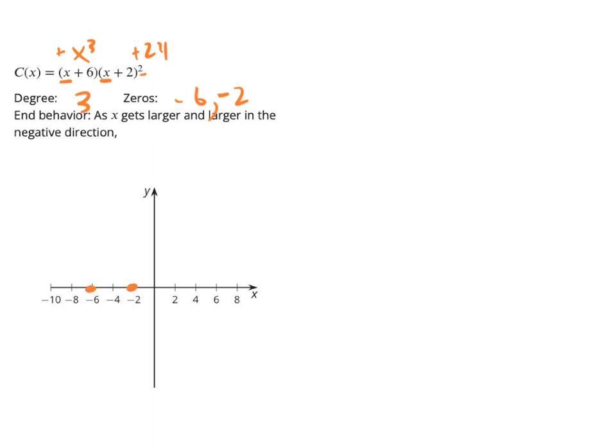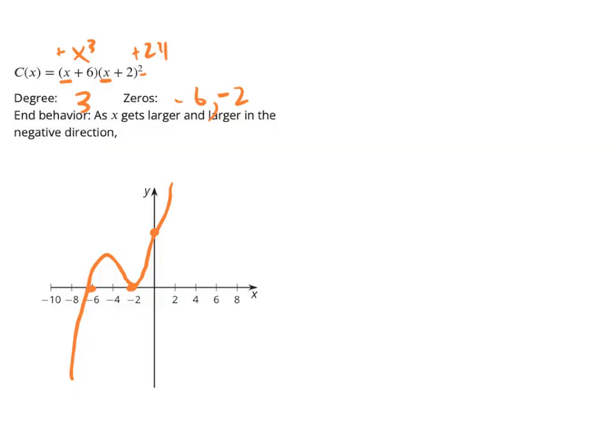So positive x cubed starts low. We're at positive 24. So we're going to come up through negative 6. We're going to double back at negative 2 because it's squared and then go up through 24. So hit y equals, change what's in y1 to that one.